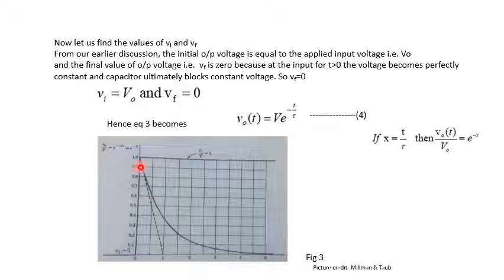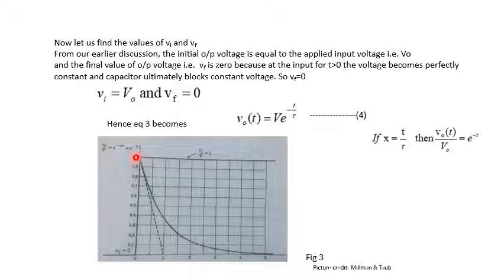So if we draw the variation of this output voltage, V naught t upon V naught, with respect to x, then it is in the form of exponential curve like this.